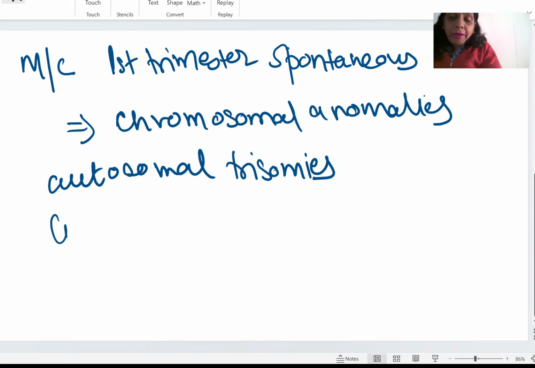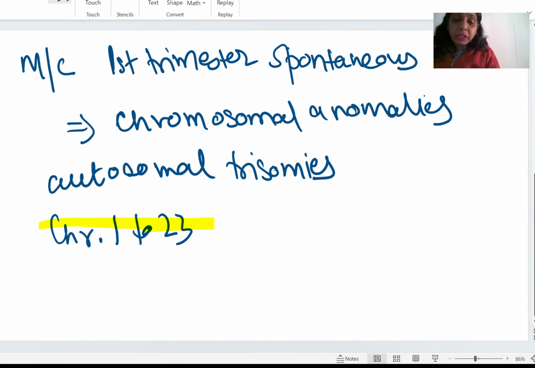We have chromosomes 1 to 23, and the trisomies causing abortion are present for all of them. So 1 to 23, all trisomies are present.